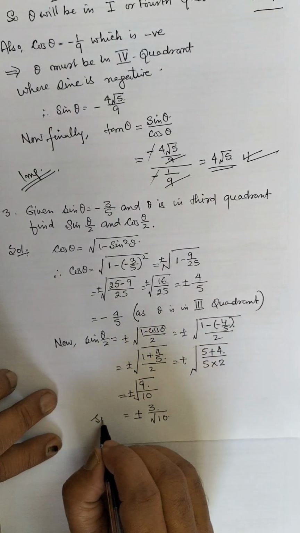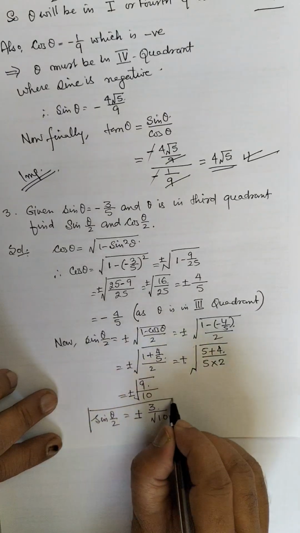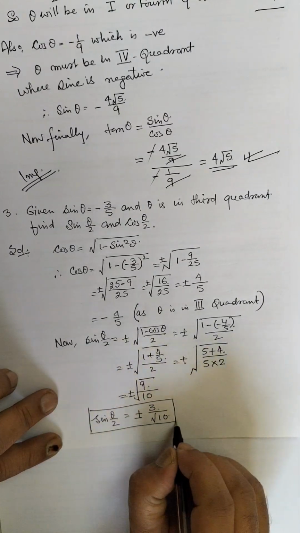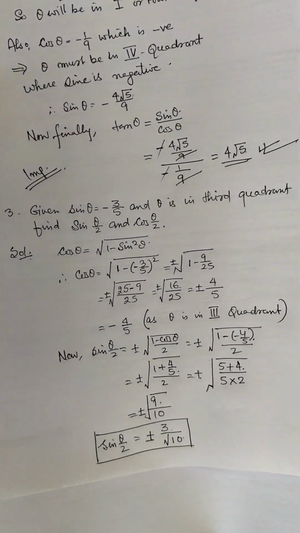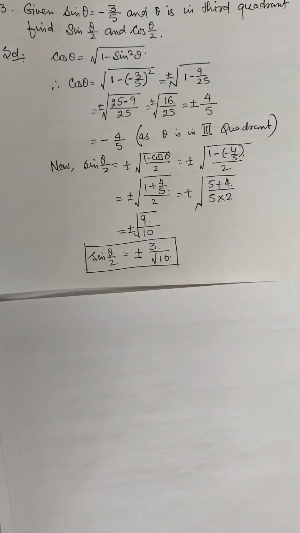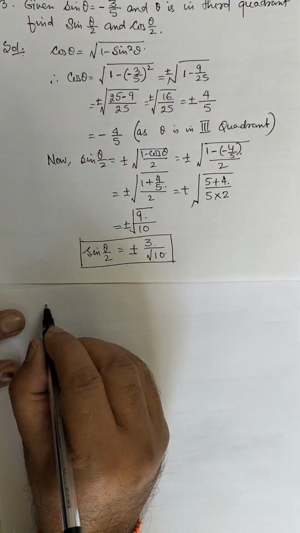So I got sin theta by 2. This value we will just put it in a box. It is important.